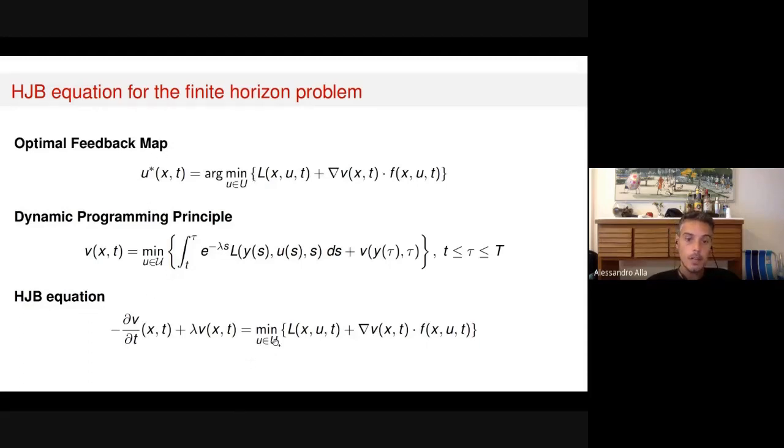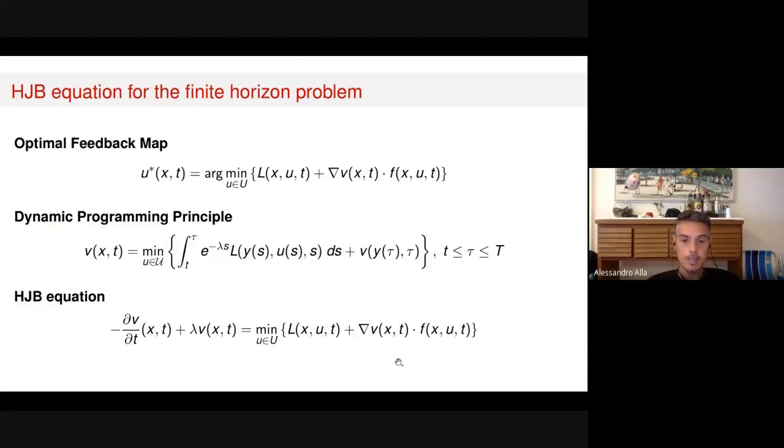So the key fact here is that in order to get the feedback control, we need to solve a nonlinear PDE. So we started from an ODE, okay, which is y dot equal f. We ended up with a nonlinear partial differential equation. What is the dimension of this Hamilton-Jacobi-Bellman equation?